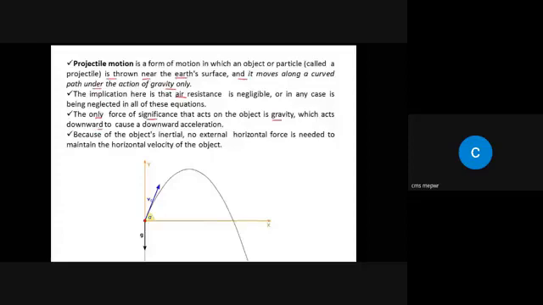Because of the object's inertia, no external horizontal force is needed to maintain the horizontal velocity. So due to its own inertia, its weight and the initial excitation, it maintains that horizontal velocity. So this is the projectile motion as shown over here.